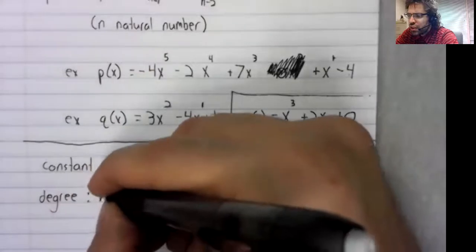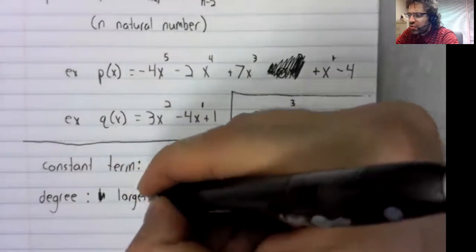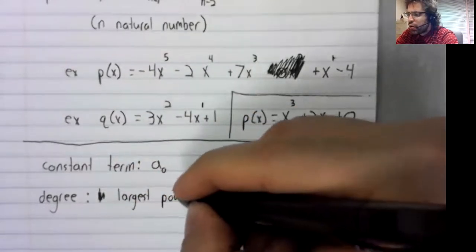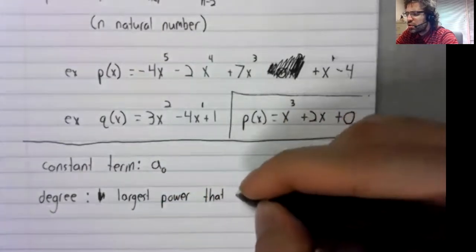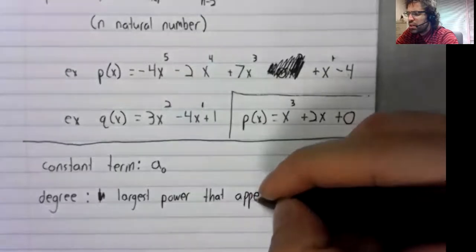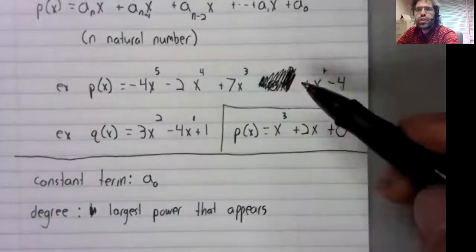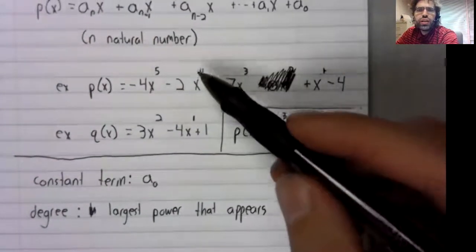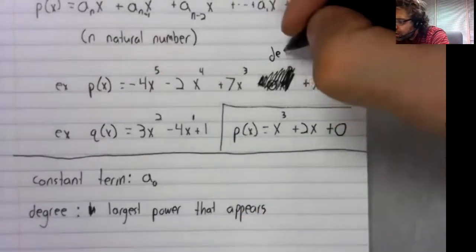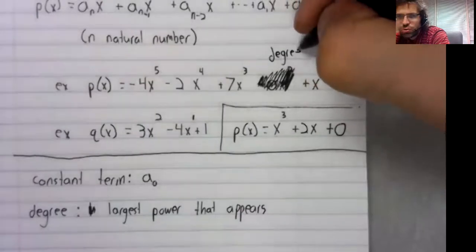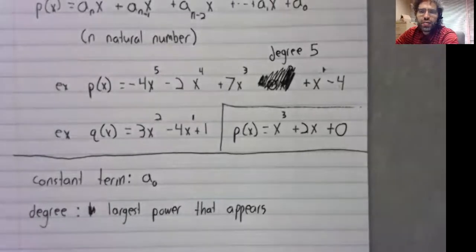And the degree is the largest power that appears. So here we look at the powers 1, 3, 4, and 5. The largest of those numbers is 5.